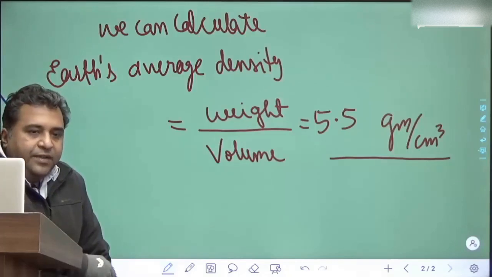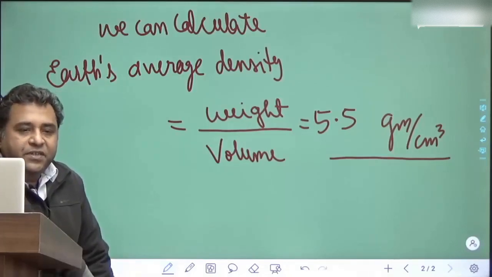Full stop. Next line, once you have written this much, then write: Earth's average density is 5.5 grams per centimeter cube.